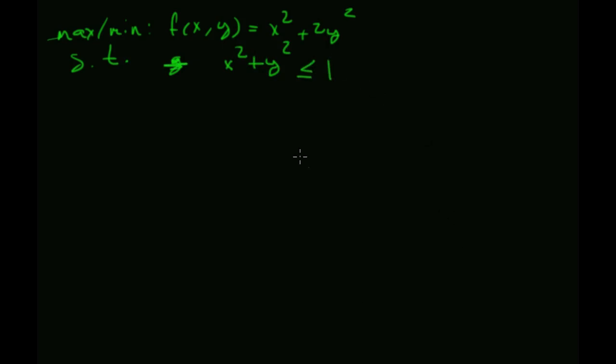So basically this is the disk contained by the unit circle, and this is the surface that's hanging above that disk.